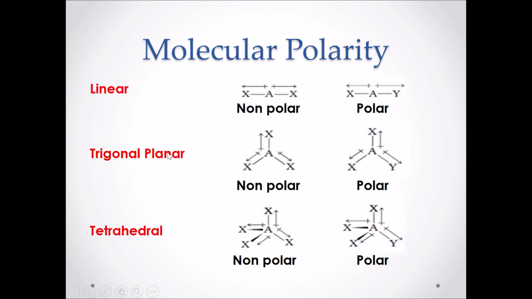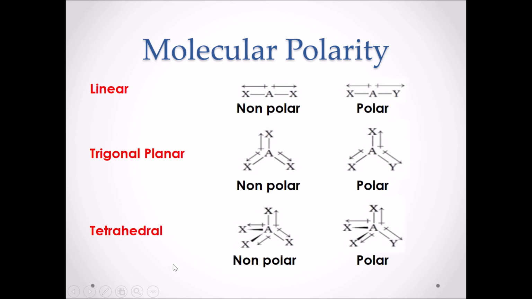This also goes for trigonal planar. When we have our center atom and three of the exact same atoms bonded around it, it is going to be nonpolar. But the moment we change one of those atoms from X to Y, they will no longer counteract each other, making a polar molecule.